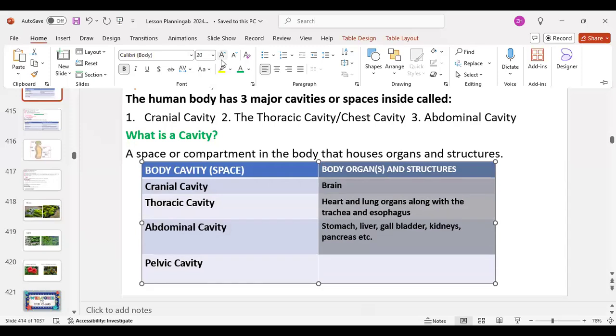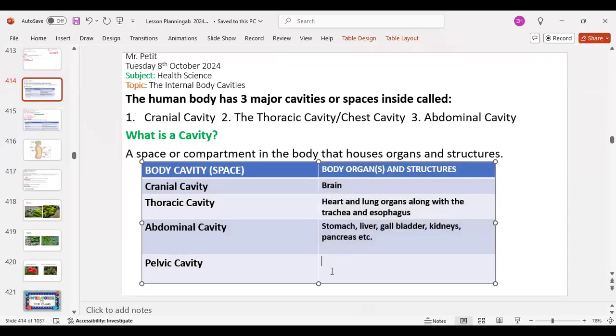Now in the pelvic cavity, what organs do we have? The ovaries? The urinary system. The urinary bladder, right? What else do we have in the pelvic cavity?